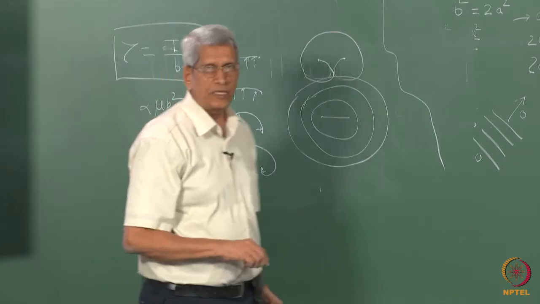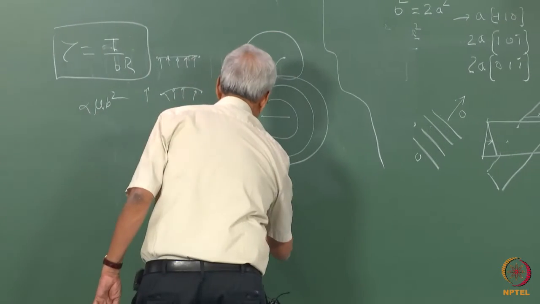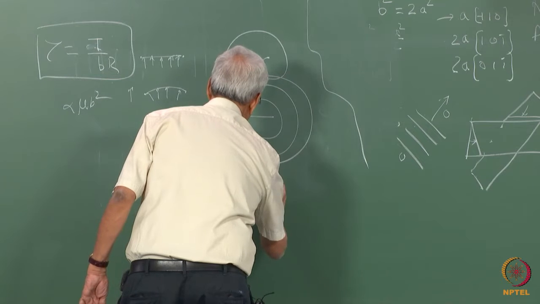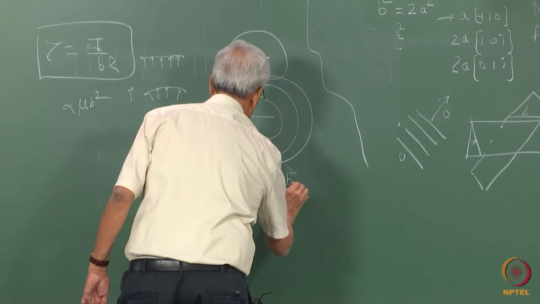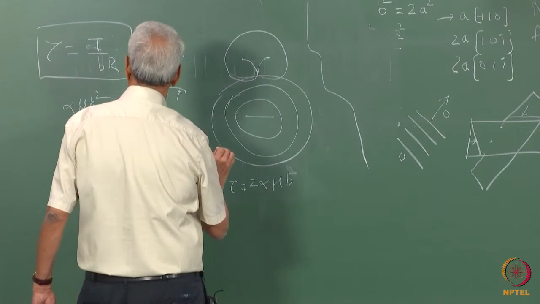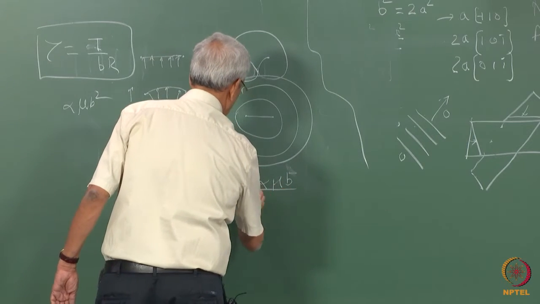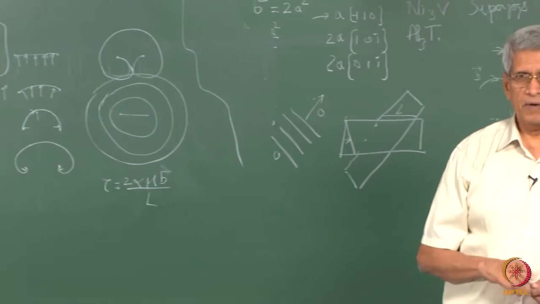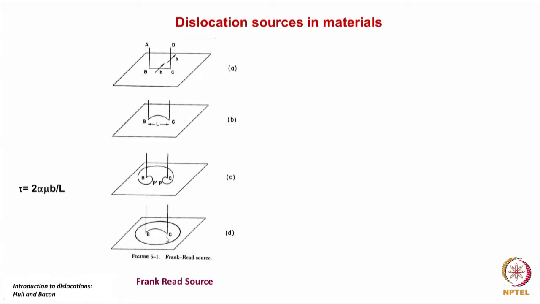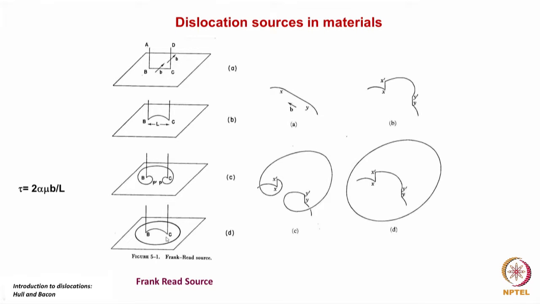So if we substitute this, we will get the expression tau equals 2 alpha mu B by L, correct? That is the expression being given here. From this it is clear what is the critical stress required for a Frank-Read source to operate, okay.